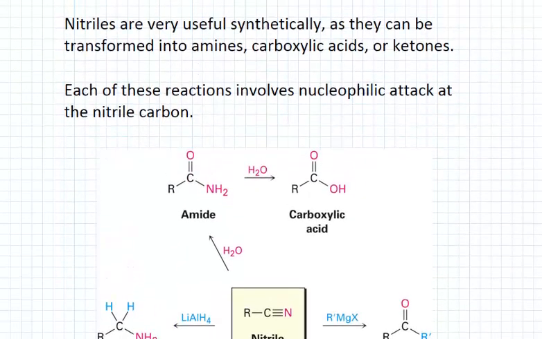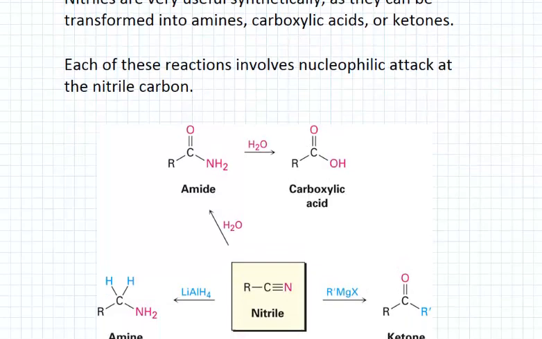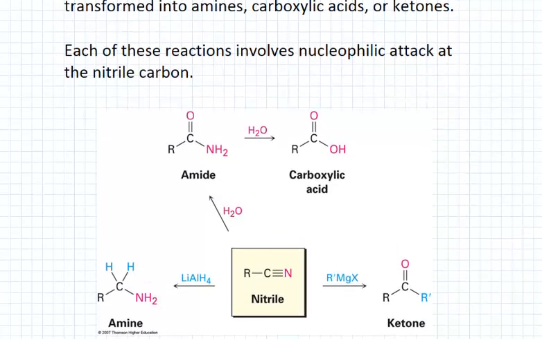Nitriles are very useful synthetically. They can be transformed into lots of different things: amines, carboxylic acids, or ketones. Those are the most common interesting things we can do with a nitrile once we've created it. In each case, a nucleophile has attacked the nitrile carbon.